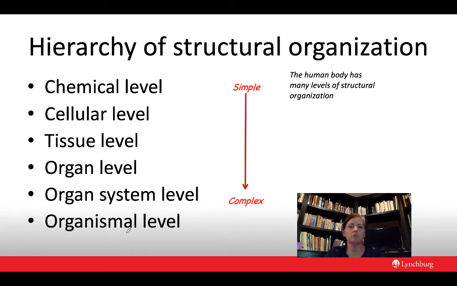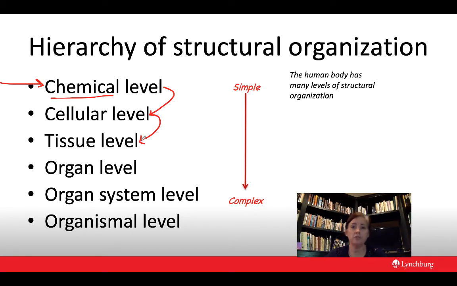So this hierarchy of structural organization. This is what we see in the body, and we see these different levels of structural organization. We basically range from the beginning, from the most simple structure of chemicals, which are going to combine to create cells. Cells combine to create tissue in the body.